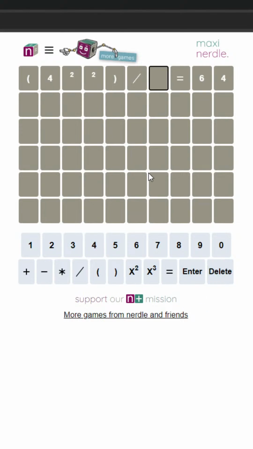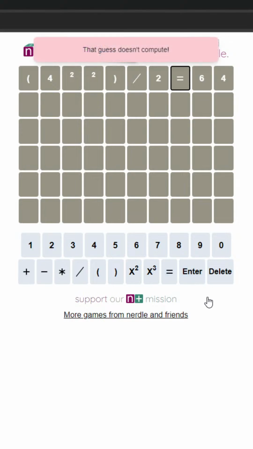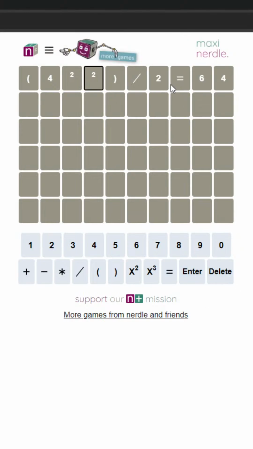Will that work? 4 to the 4? 4 to the 4 is 4 times 4 is 16 times 4 is 64 times 4 is 256 divided by 2. Oh, it doesn't do it that way. Other ways of getting 64. I'll just make something up and try to get a 2-digit number. I think the hard part is just getting that first equation.